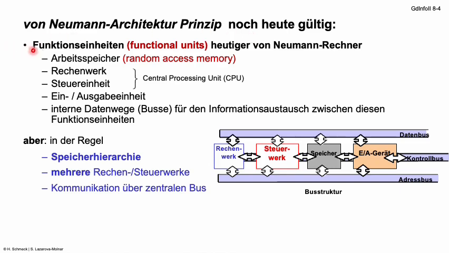The functional units of a von Neumann computer today are the following: the random access memory, the CPU, which contains the ALU, the arithmetic logic unit, and the control unit, then input and output units or devices, and the internal data pathways or buses, which are used for the information exchange between the different units.